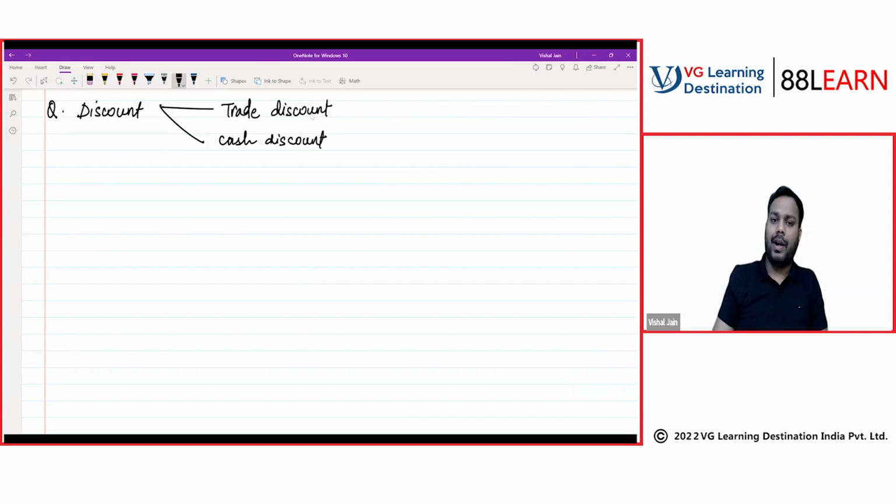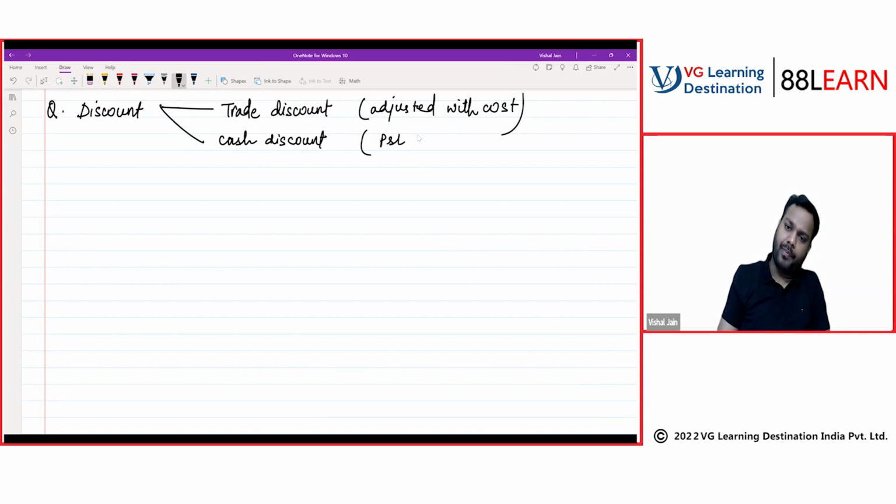And I said that only trade discount will be adjusted with cost, and cash discount will be a P&L expense.